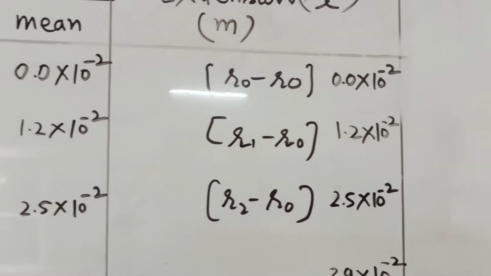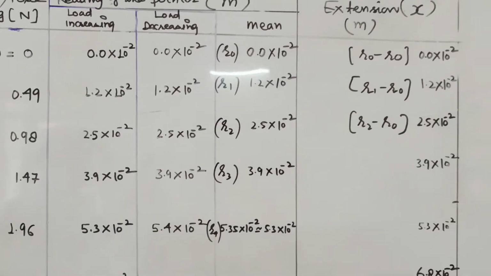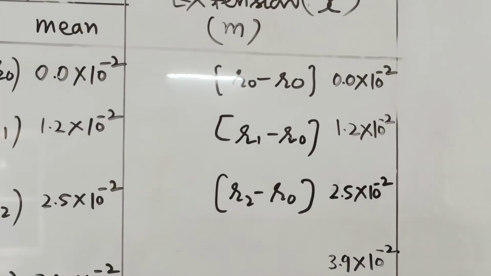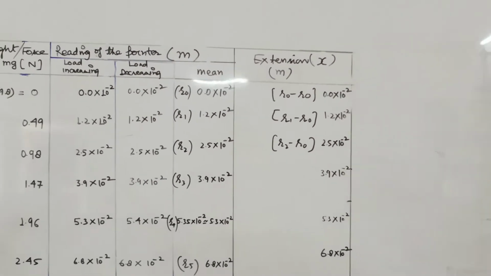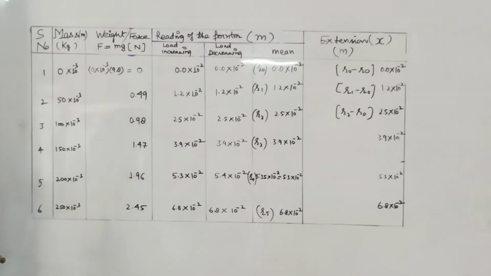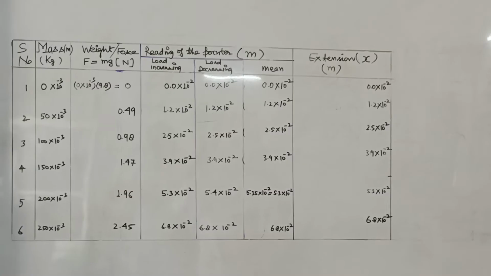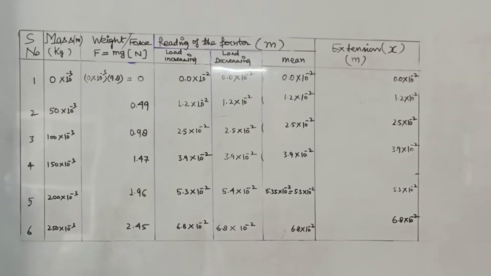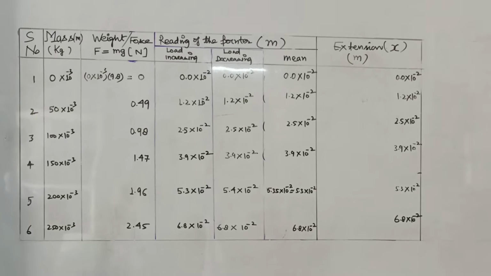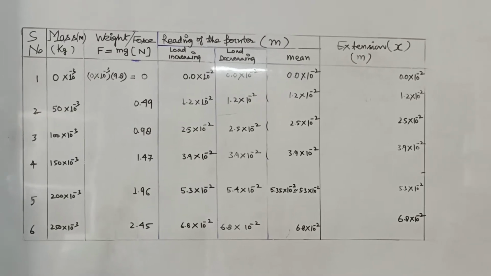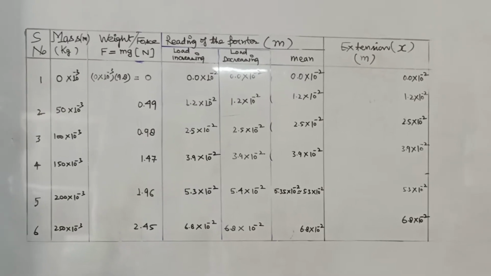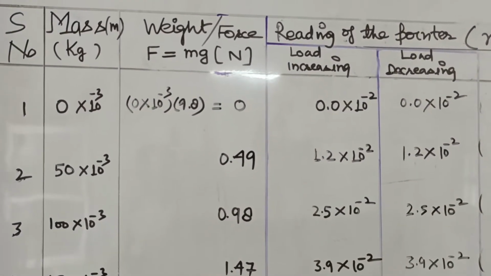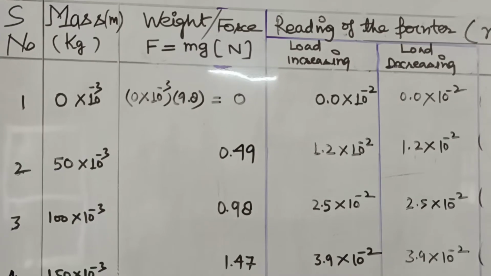This R1, R2, R3, R4, R5 need not be written over here, neither is R0 minus R0 required, so it will be wiped out and only the remaining things will be here. Now this is the proper way to record the readings and calculations. I have wiped it out so that we have put it in the best form. This calculation shown over here should also not be in the table.